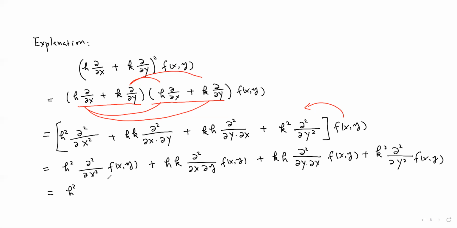The first term is the partial derivative with respect to x twice, so the notation is f x x.